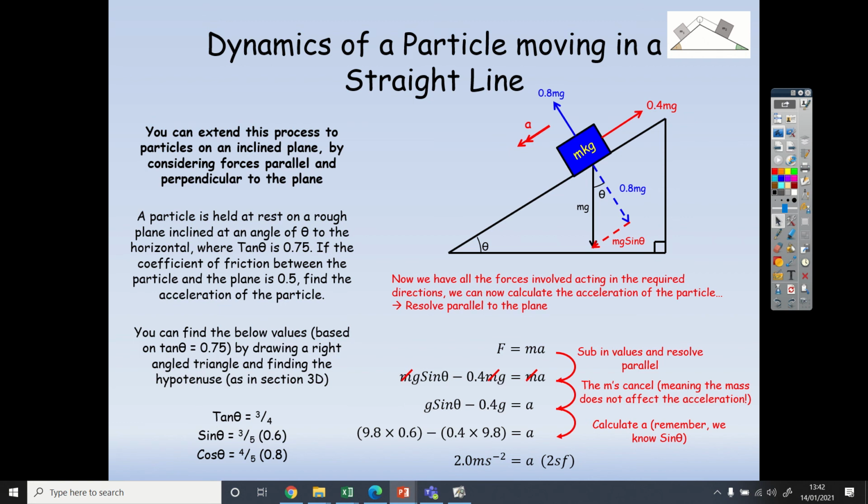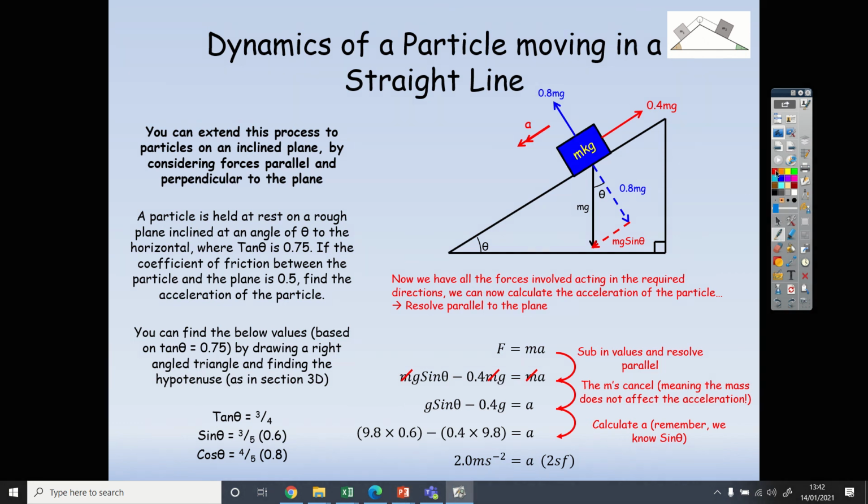Right, one thing that might come up that you need to know about is which way the friction points if it's in limiting equilibrium. So I'm going to write this down as it will be said in a question: on the point of sliding down.